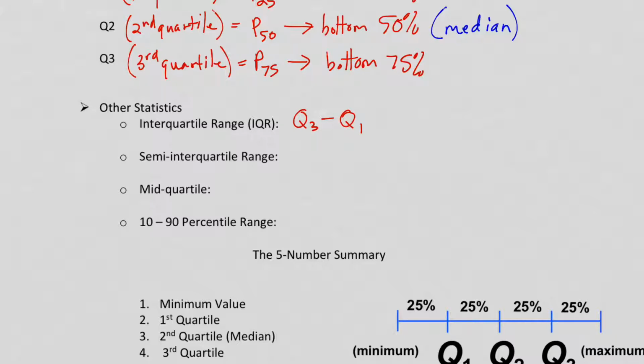Semi-interquartile range would be basically the midway point of that interquartile range, so we'd have to divide by 2.